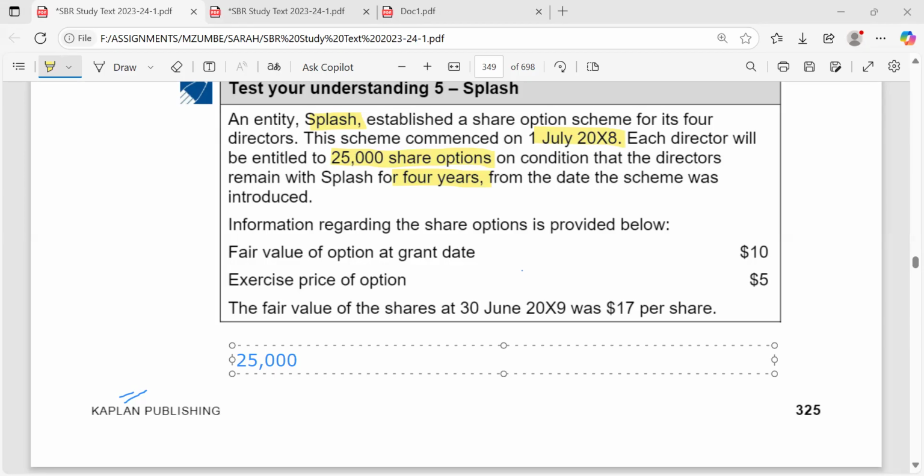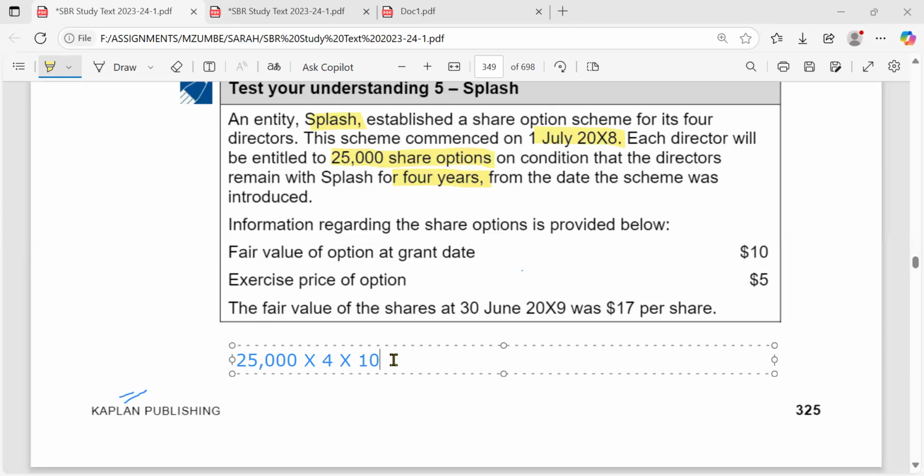We have 4 directors. So if you multiply by the 4 directors, you will get the total number of options available, right? Now, to get the worth of the options, we are told that the fair value of the option at the grant date equals $10. So for equity settled, we usually use the fair value at the grant date, right? So if you multiply that, we would get the worth of our options.